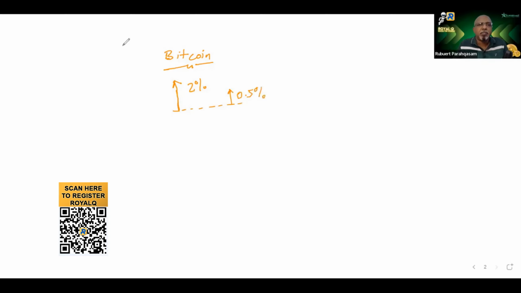So Bitcoin moves up by 2%, the entire crypto market moves up by 0.5%, a small movement.